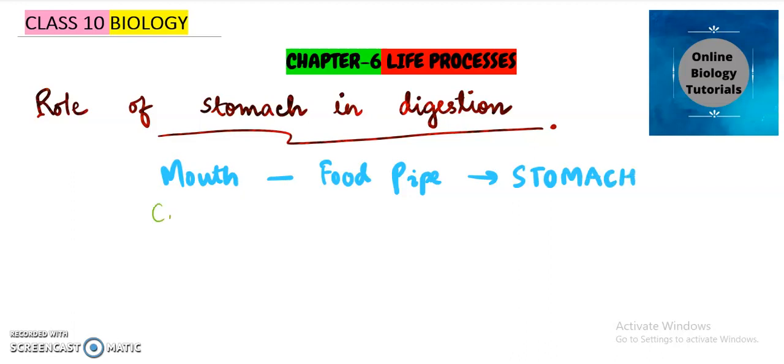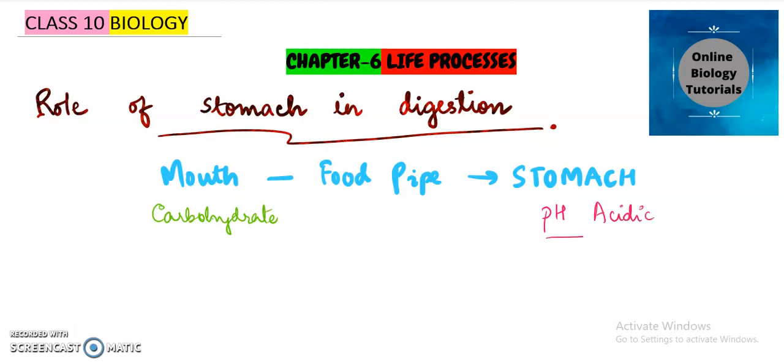We already talked that carbohydrate digestion started in the mouth, and the food pipe was the one where no digestion actually happened. This was only the place that served as the relaying center, meaning it transferred the food from the mouth to the stomach. Now as we are starting with the stomach, you should know that the pH of the stomach is acidic.